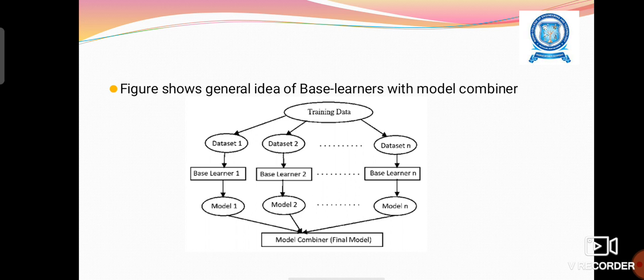In this diagram, n base learners are there, with n data sets. Individual data sets are applied to the base learners, and each base learner constructs its own model. Finally, all the models are combined, their contributions are combined, and the final model is produced. This is the actual concept of combining multiple learners, or combining the outputs of multiple learners, to improve the performance or the accuracy level of the final output.